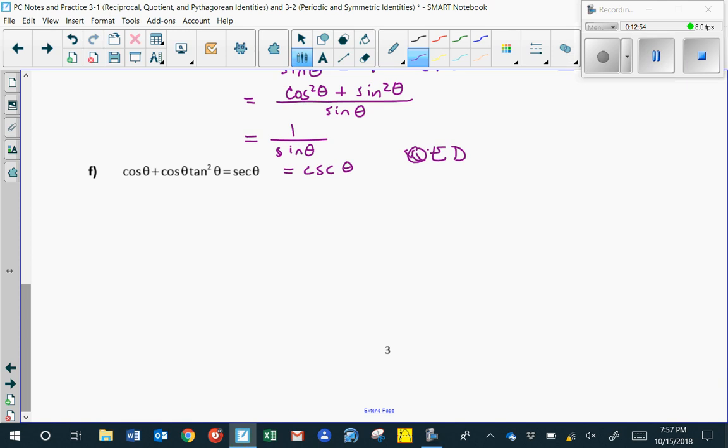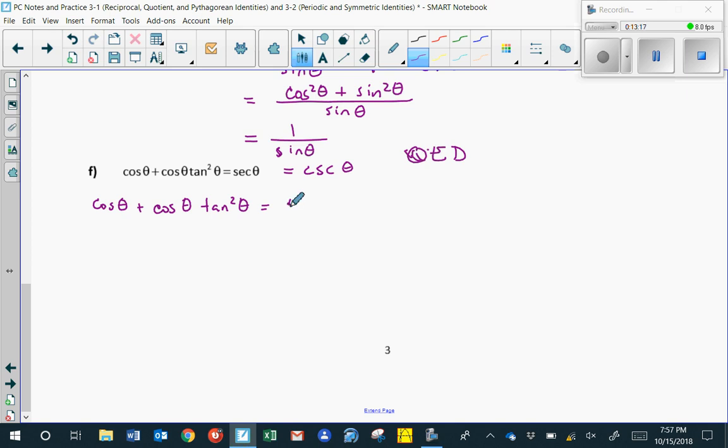Last example, we can start with cosine of theta plus cosine of theta times the tangent squared of theta. And our task is to transform that into the secant of theta.